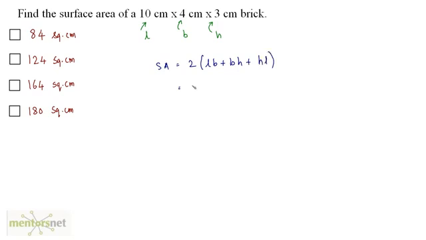So we can write it as 2 into (10 into 4, that's 40, plus BH, that means 4 times 3, that's 12, plus HL, that is 3 times 10, and that's 30). Okay, so this is equal to 2 times 82, which is 164, and this will be in square centimeter, right? So option C.